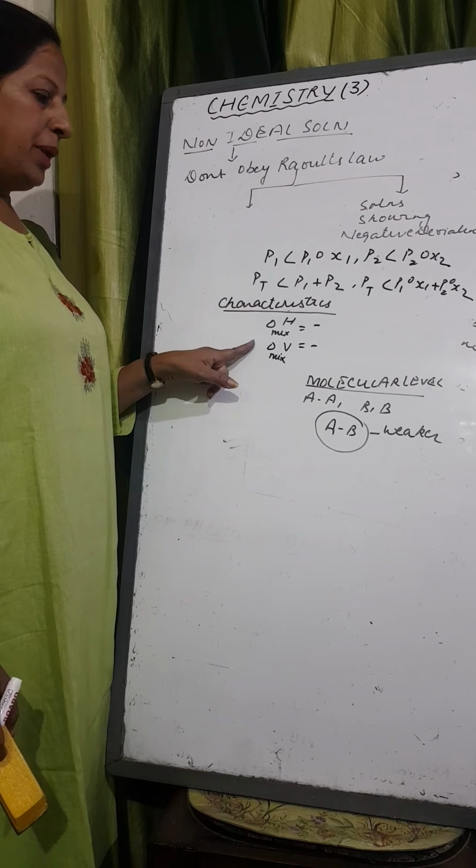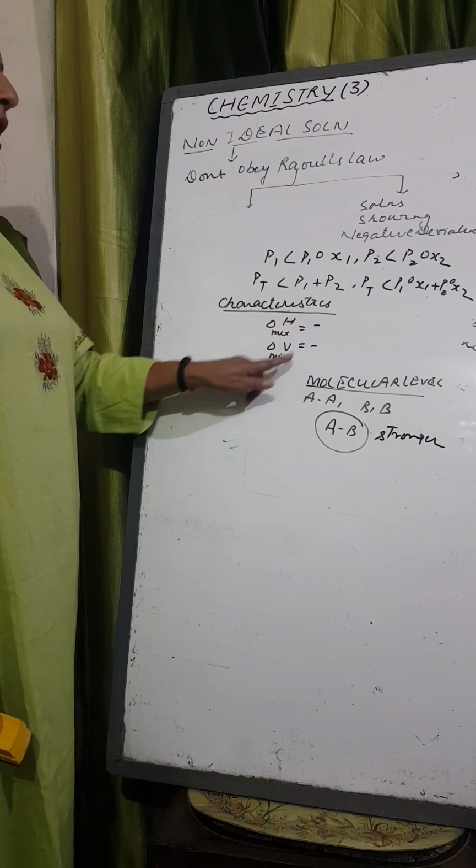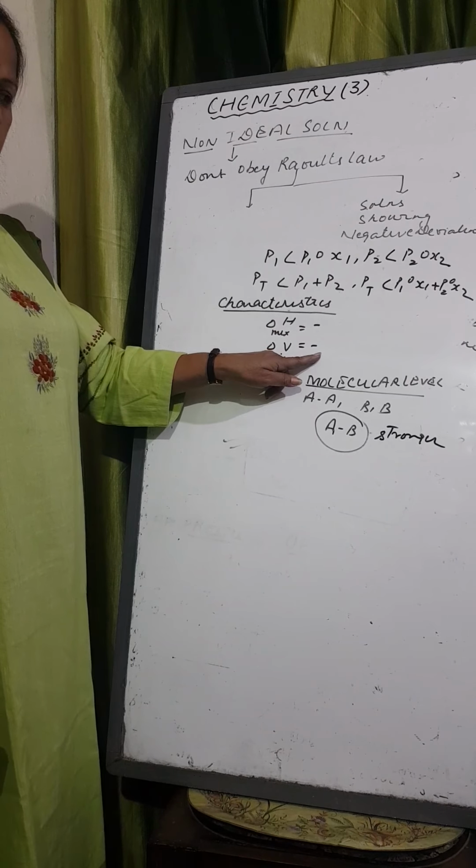The reason being, here the AB interactions are stronger. As the interactions are stronger, energy is released and the volume is decreased.